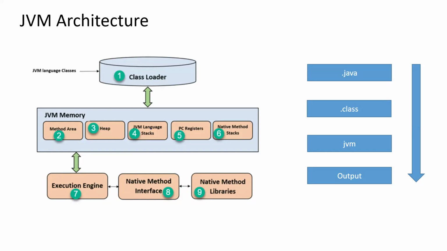There is one more thing called metaspace. If you see here, there's something called method area, which is nothing but a metaspace. Whatever static data that you declare, if you declare a string as a static, or if you declare an array as a static, that will go and sit inside your metaspace.